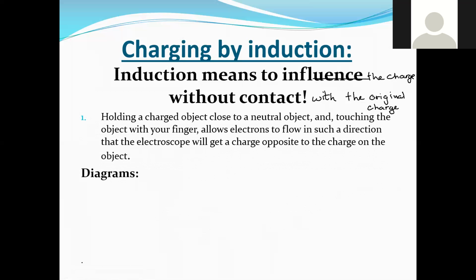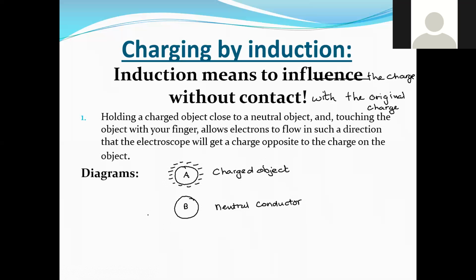How can that happen? So, what we do to charge by induction, you have your neutral object, which must be a conductor, and you have a charged object, let's say object A has a charge of a negative nature, so it's got an excess of electrons on it.